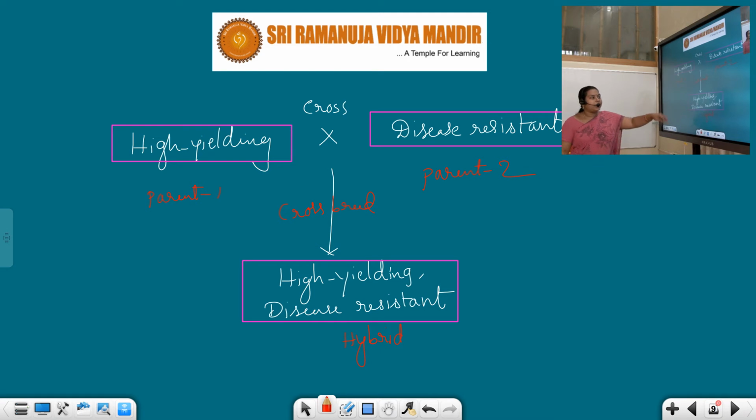Then I'll get a new variety with both the parental qualities, such as high yielding and disease resistance. So now our product has high yield, and at the same time it is disease resistant, which means it can show immune power against pathogens. So now this is about the hybrid varieties.